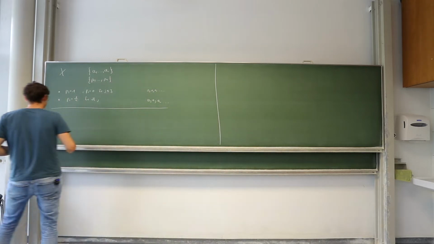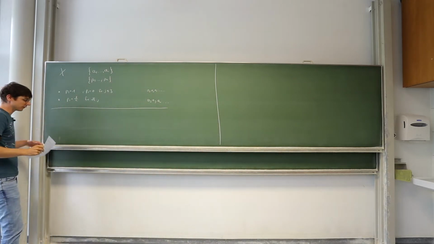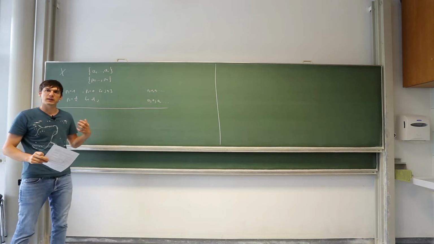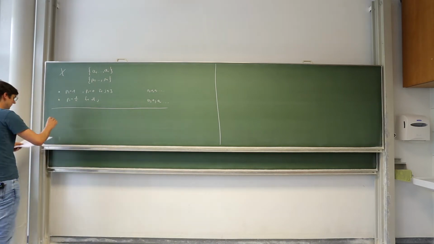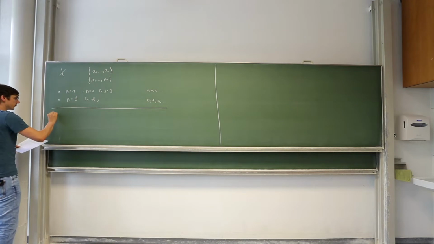And the first measure that I introduce, with which we can compare probability distributions, is the so-called trace distance. So this is now definition 3.2.